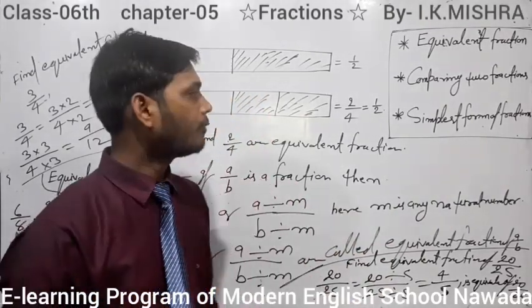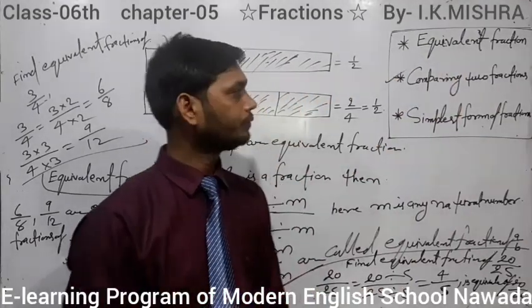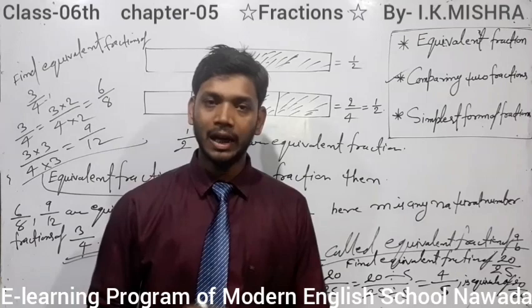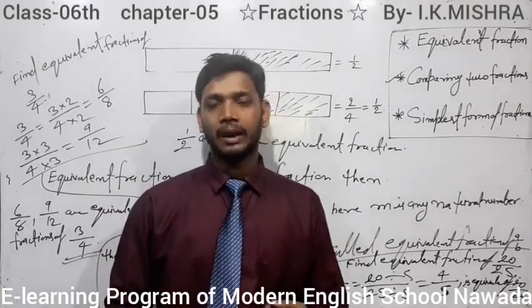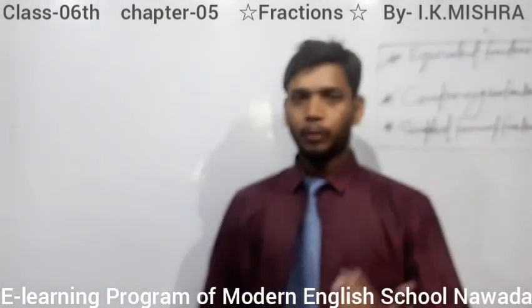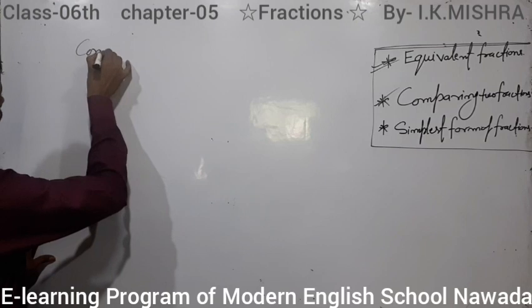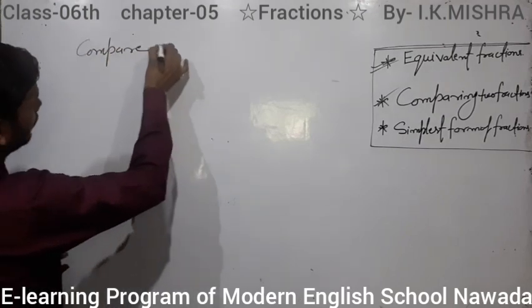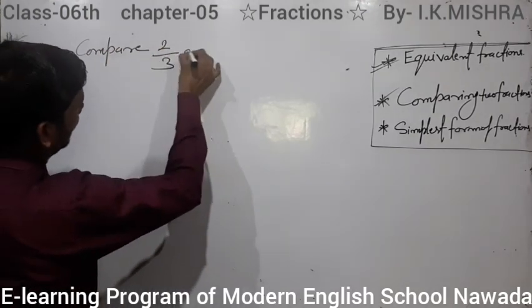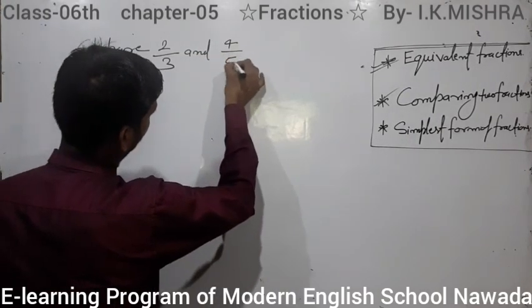Now I am going to discuss comparing two fractions. That means which fraction is larger or which is smaller. Suppose you have to compare 2 by 3 and 4 by 5.